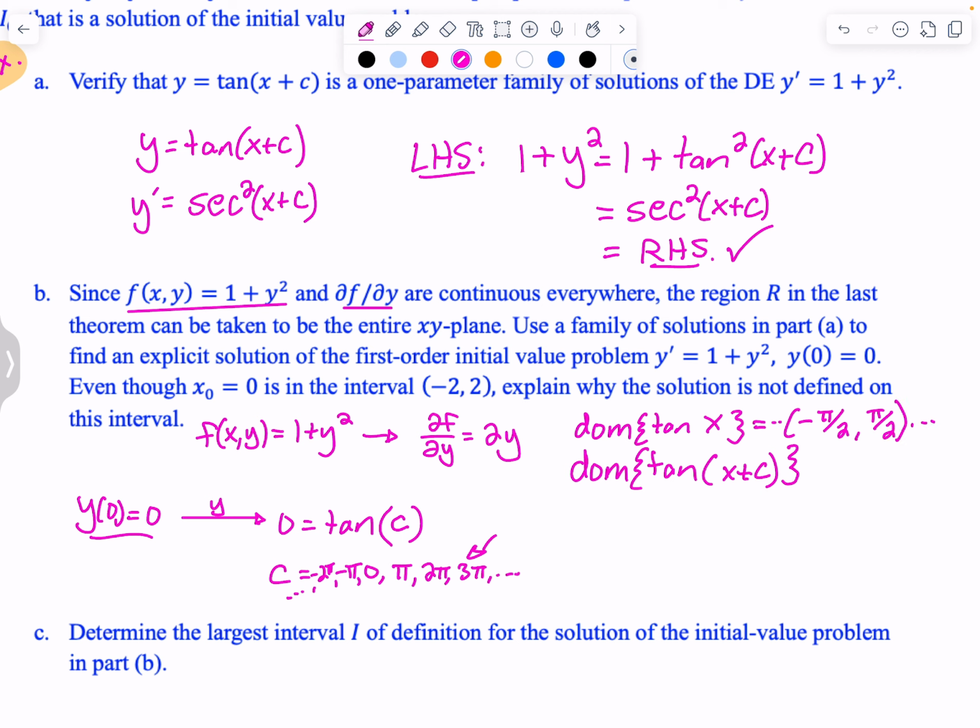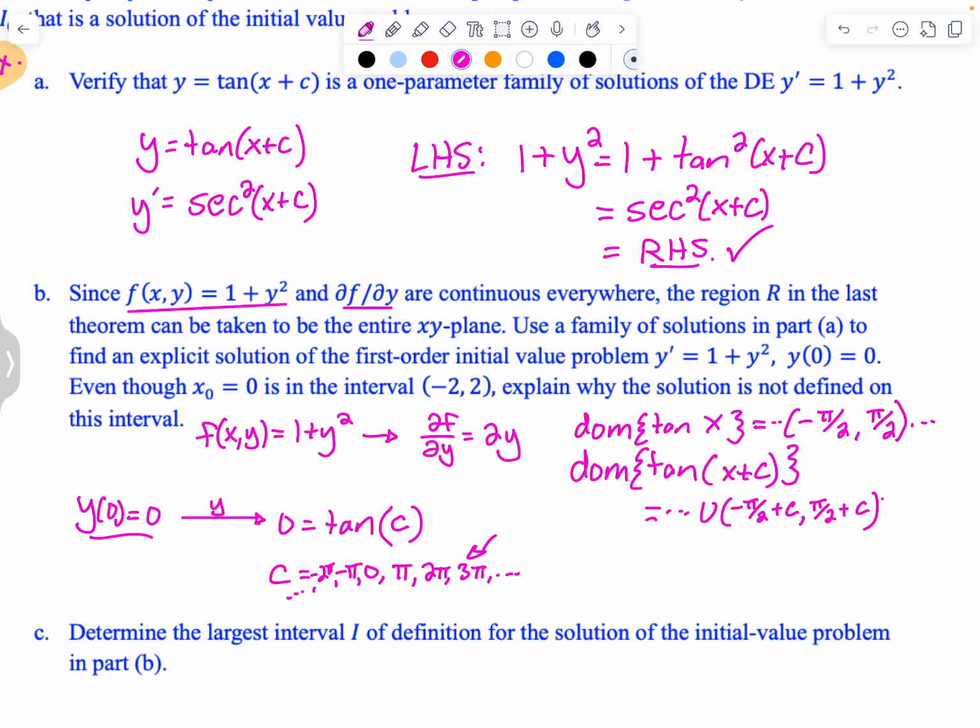That domain is, and I'm limiting it, so it's really infinite, it goes on in both ways, but negative pi over 2 to pi over 2. I hope you remember that from trig, and it's okay if you don't. What this c is going to do is shift it that way. So the domain for this is going to be the same thing, negative pi over 2 plus c to positive pi over 2 plus c.